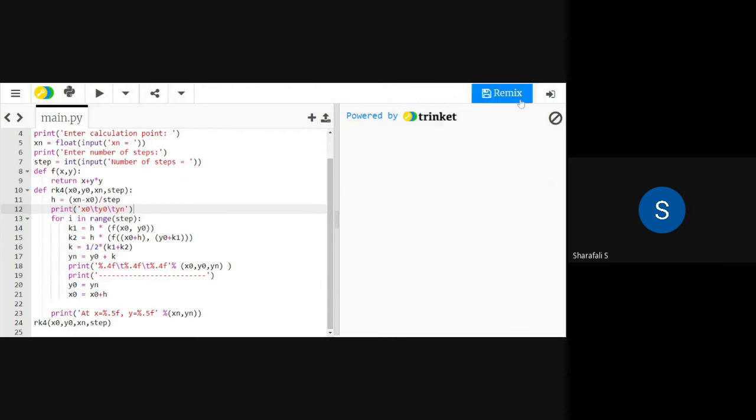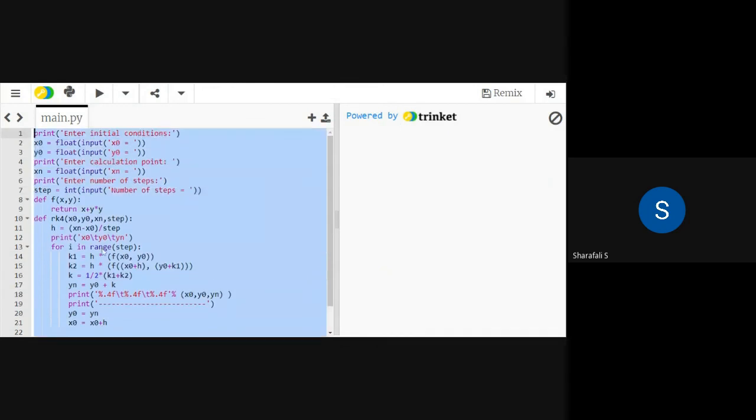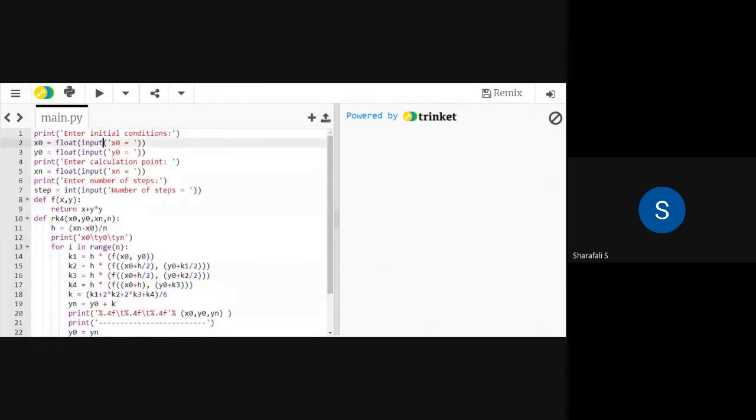Now, if you want to change this into the fourth order RK method, then you need to consider the other values, K1, K2, K3, K4, all values you have to consider. I will just copy that program here. Only a very small change will be there in this program.